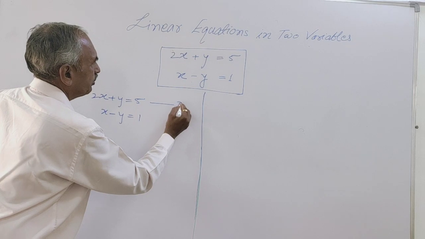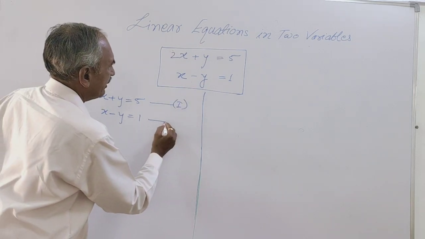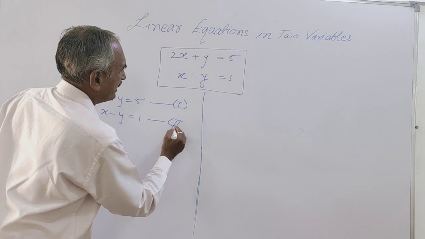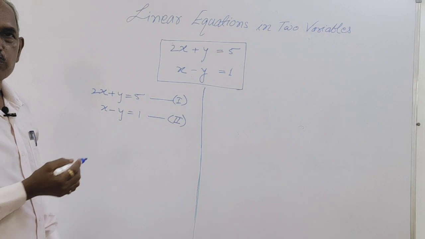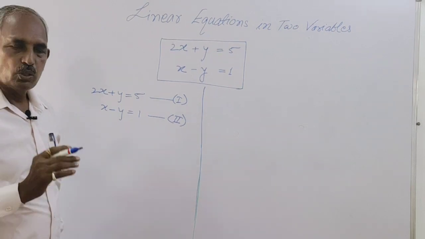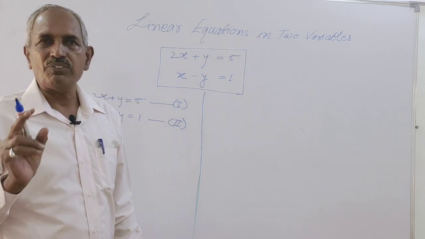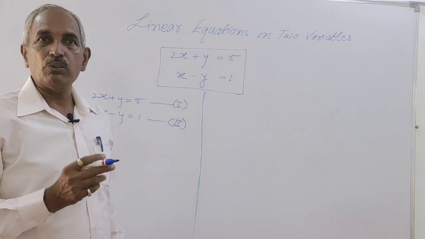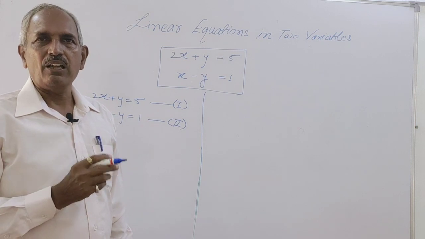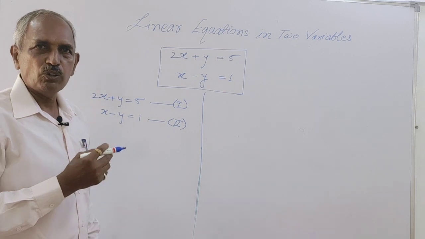The first equation we call equation number 1 and the second equation we call equation number 2. We have to solve these two equations. Solving an equation means finding the values of x and y. In these two equations, what is the value of x and what is the value of y, that we have to find out. How to find?